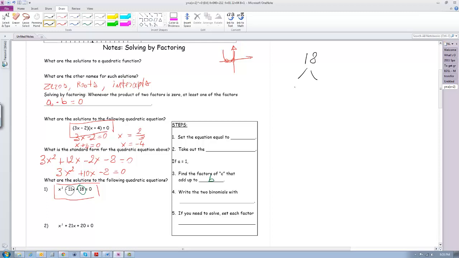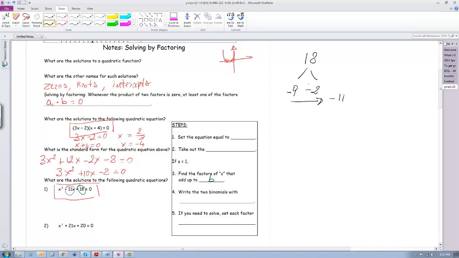I know that 9 and 2 are two factors of 18. If I multiply 9 times 2, I get 18. However, when I sum these two numbers up, I get a positive 11. But if I change both signs to minus 9 and minus 2, when I multiply them I still get 18, but when I sum them up, their sum is minus 11.